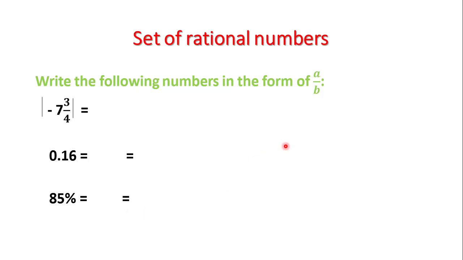Write the following numbers in the form of A over B. Here we have the absolute value of negative 7 and 3 over 4, 0.16, and 85%. The first one has an absolute value, so this number will be positive.